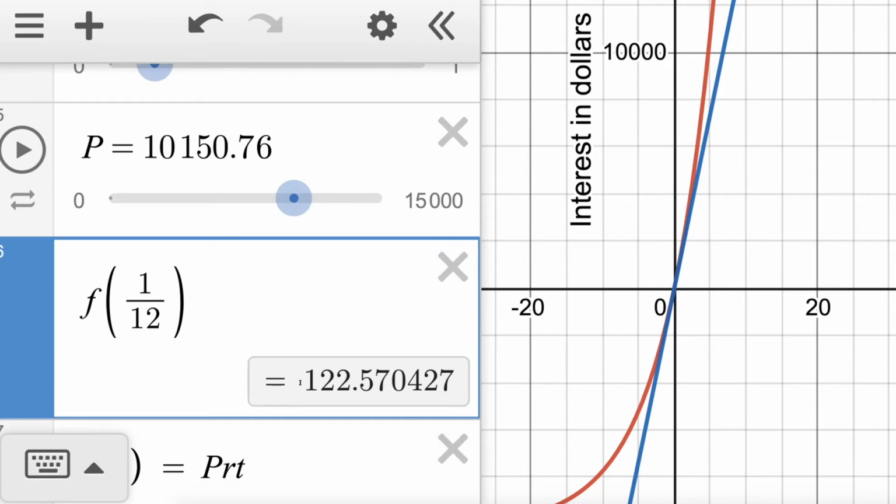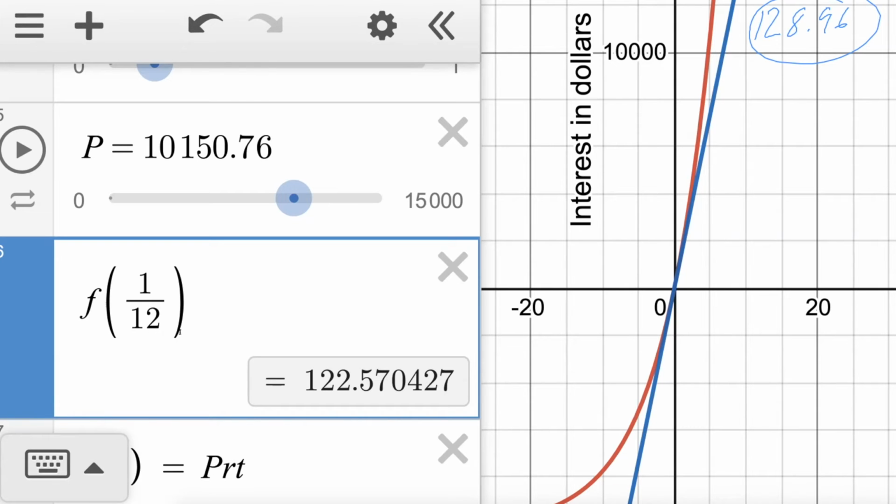Let's see, the amount that I pay is $129.28.96. So this is how much I pay.